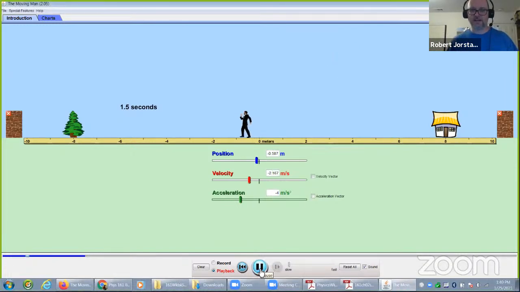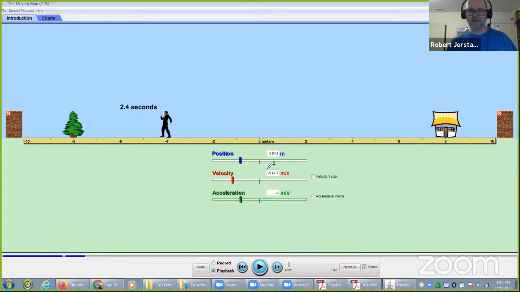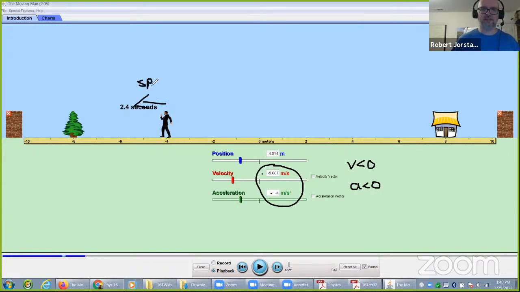Now it becomes negative. And now I want to point something out here. If I look at these numbers here, notice velocity is less than 0 and the acceleration is less than 0. In this case, because they're both negative, he is speeding up. He's moving left and speeding up.